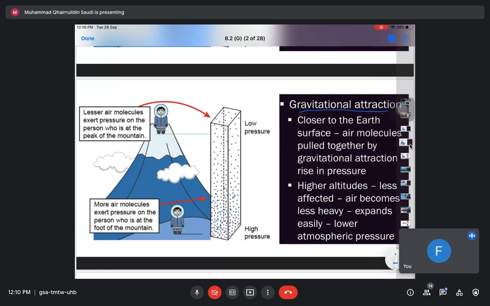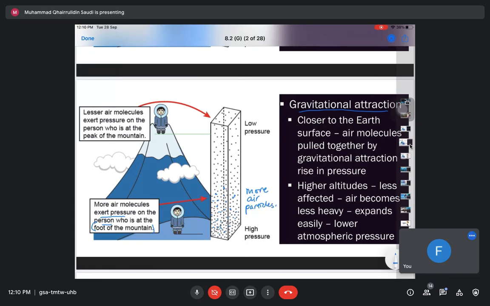Because of the air molecules that are more at the foot of the mountain, okay, so it exerts pressure on the person who is at the foot of the mountain. So the pressure at the foot of the mountain is higher because of the more air particles that exist around us. More air particles.